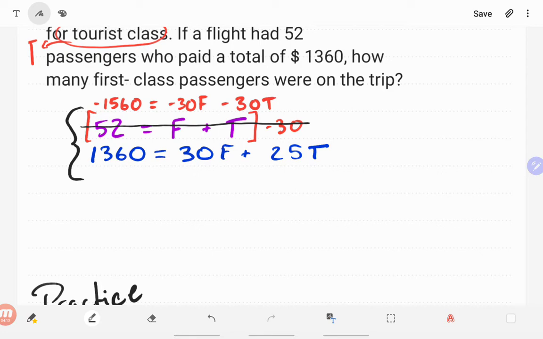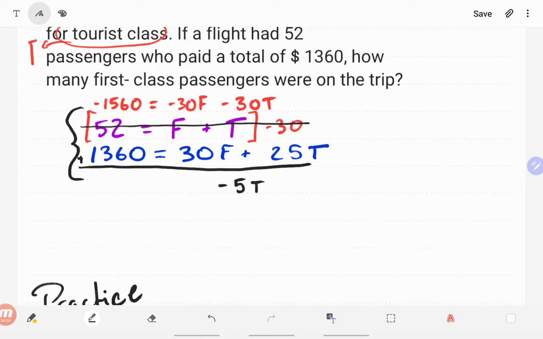Once we do that, all we've got to do is add straight down. I'm going to combine and eliminate whatever I can. Our F variable ends up canceling. Negative 30T plus 25T cancels down to negative 5T.